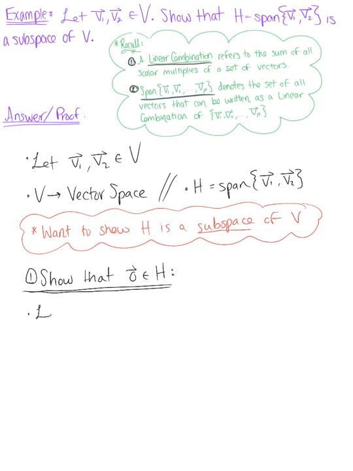So to get us started, we let the zero vector be in our vector space V. And we're going to go ahead here and rewrite this zero vector as a linear combination of v sub 1 and v sub 2.